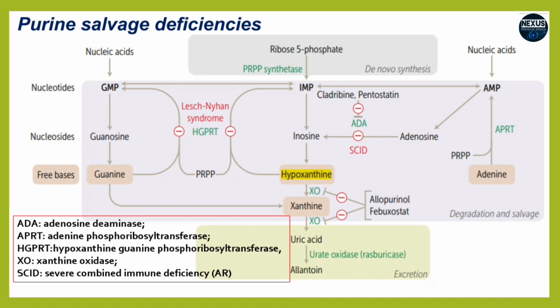These are some of the enzymes which catalyze different pathways. Here we're not going to focus on this, it is beyond the scope of this presentation, but I just want you to focus on this pathway: hypoxanthine, xanthine, uric acid, and allantoin.